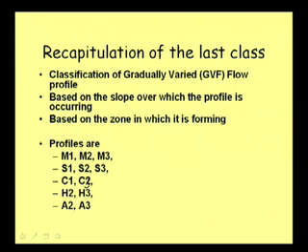Then in case of horizontal bed we got H2 and H3. Here H1 is not existing because the depth of uniform flow in case of horizontal slope is at infinity. So, we do not have zone 1, which cannot be there beyond infinity. So, we had only H2 and H3 profiles.